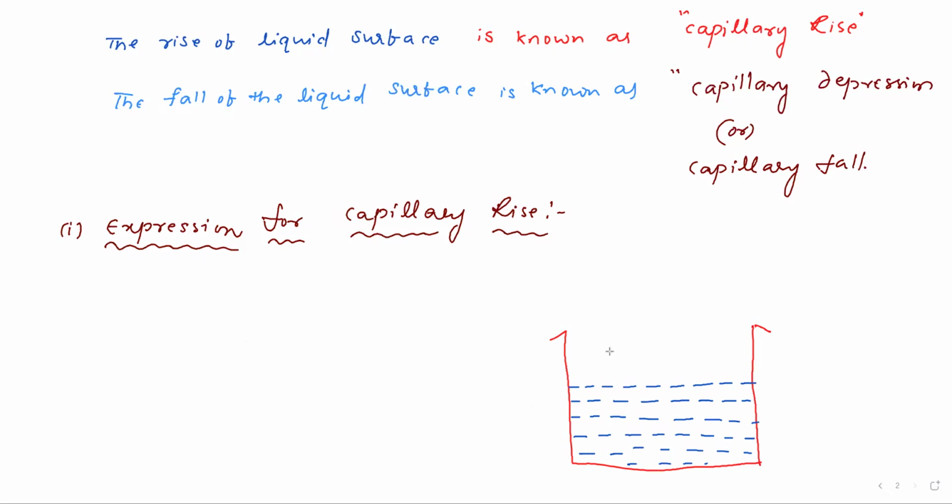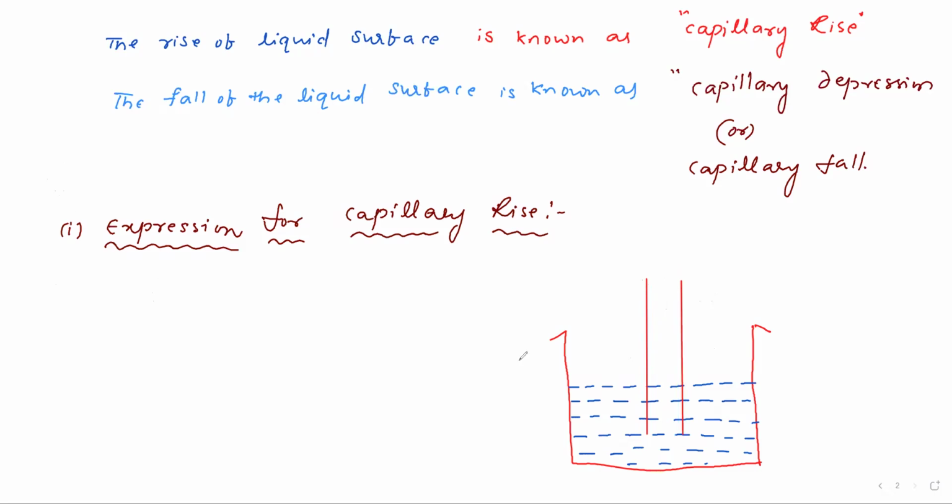So now what I will do here, inside this water, I am inserting a glass tube of small diameter. Let me choose a different color. The glass tube is small in diameter. Clear?